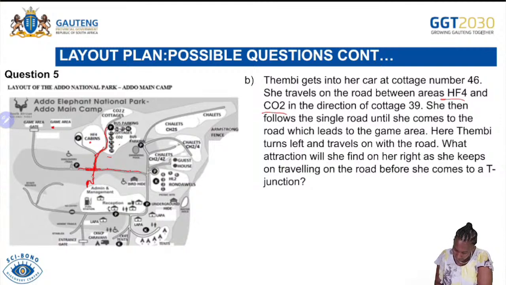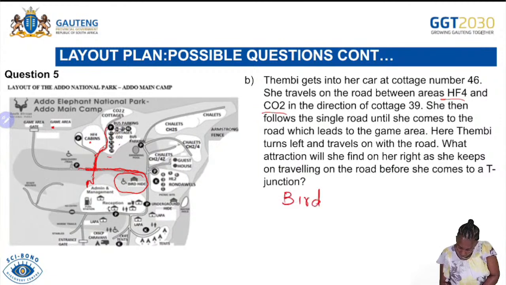Now it says here Tembi turns left and travels on the road. What attraction will she find on her right as she keeps on traveling on the road before she comes to a T-junction? Boys and girls, this diagram is so small. It gives us a challenge now seeing. Remember now, she was traveling here. And then on her right hand side, this is what she will see.